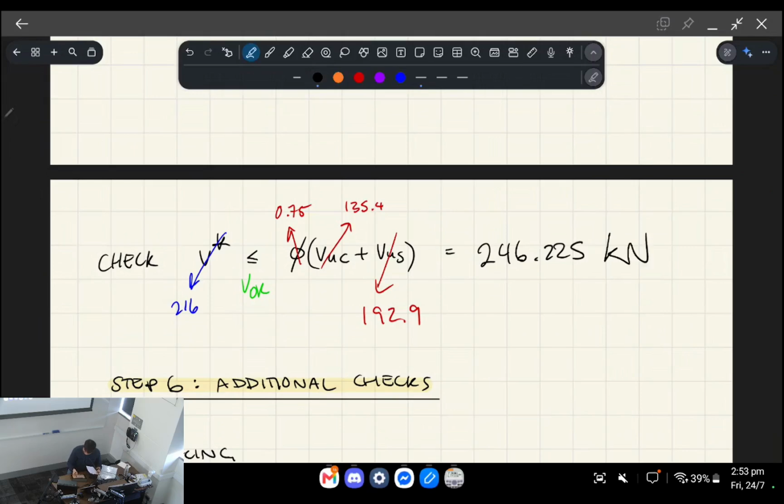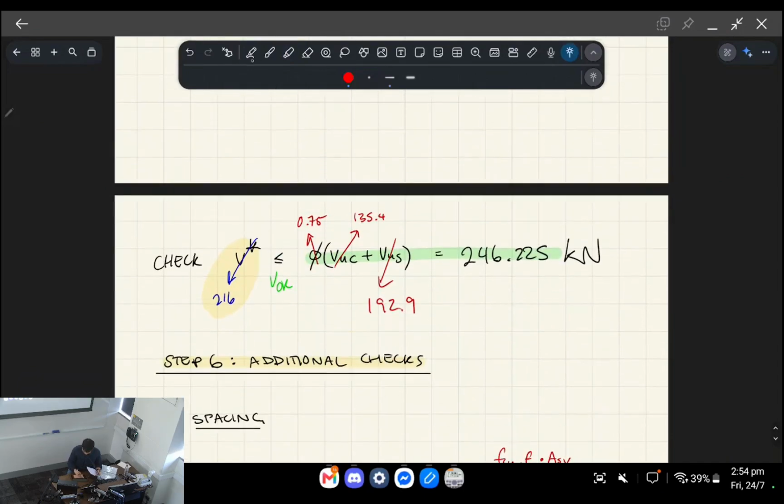So on the right-hand side of this equation, that is 246.225 kilonewtons, compared to the left-hand side, which is 216. And 216 is less than this, and therefore it's okay. So our beam's not going to fail.